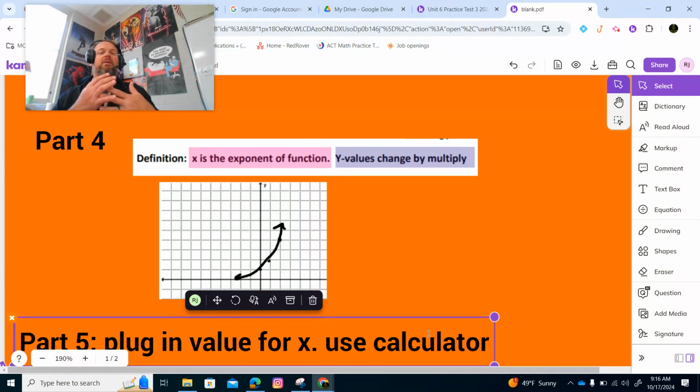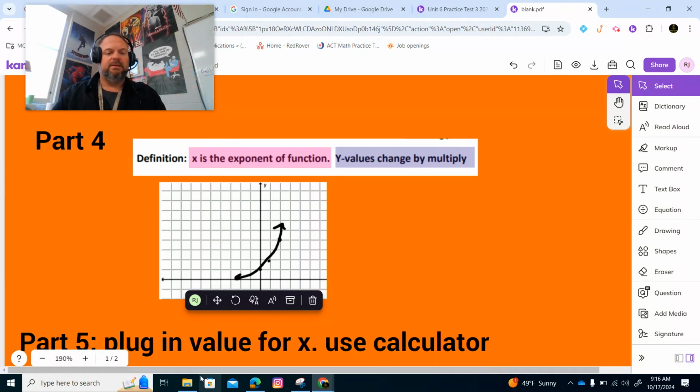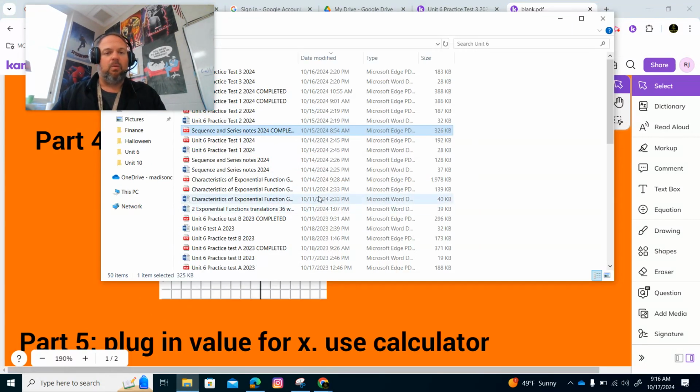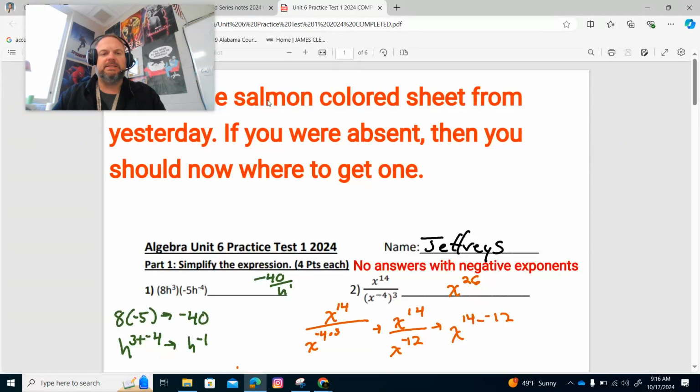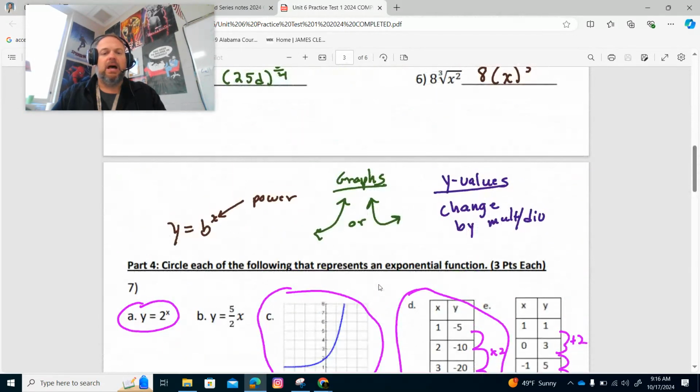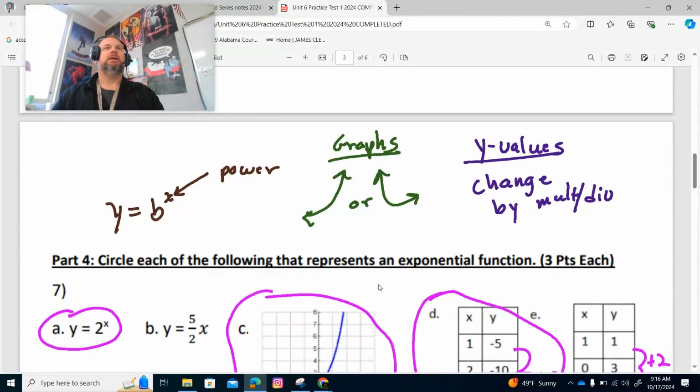It's almost like, wait, let's get in our way back machine. I wonder if it is in... No way, it's in our Unit 6 practice test 1 completed notes.